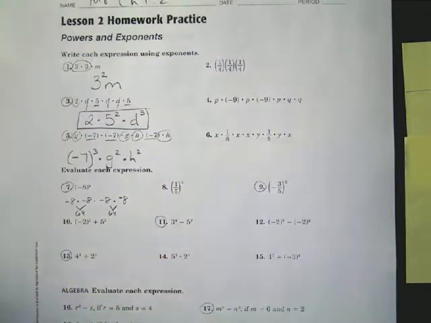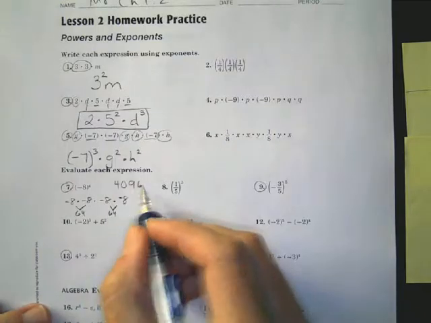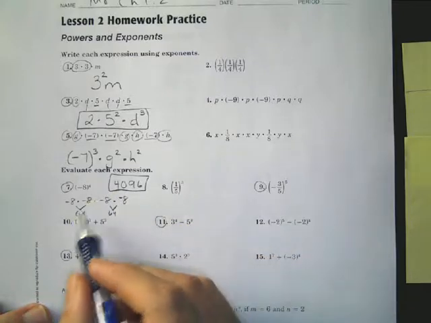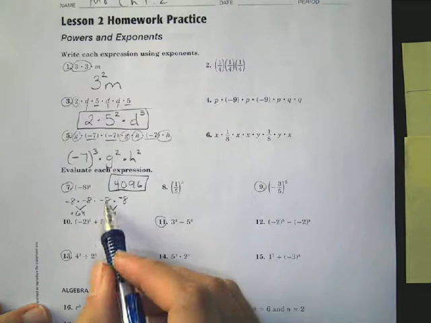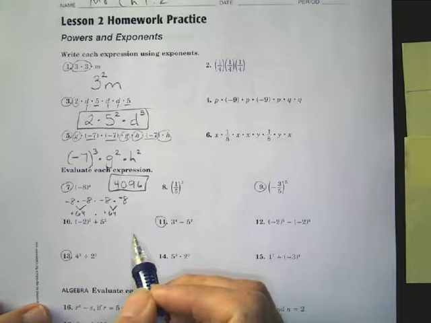So I do 64 times 64 and I end up with 4,096 as my answer. It's going to be positive because a negative times a negative is a positive, and a positive times a positive is still a positive.